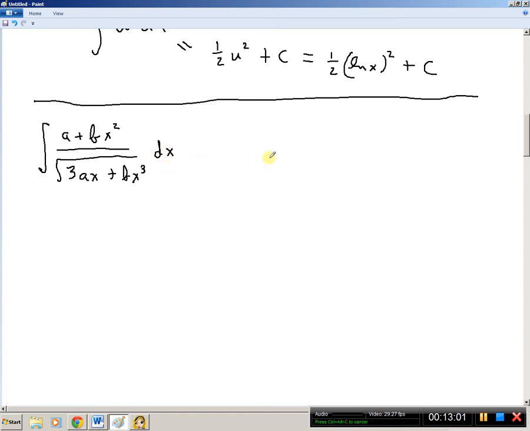Alright, so this looks absolutely horrible, but the problem is rigged so that it's going to work out nicely if you just choose u to be something whose derivative is hanging around.